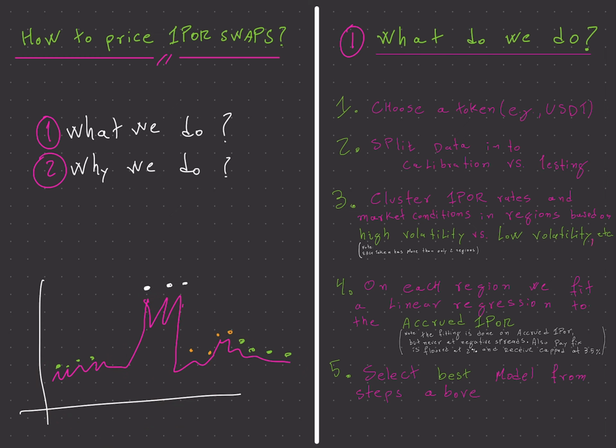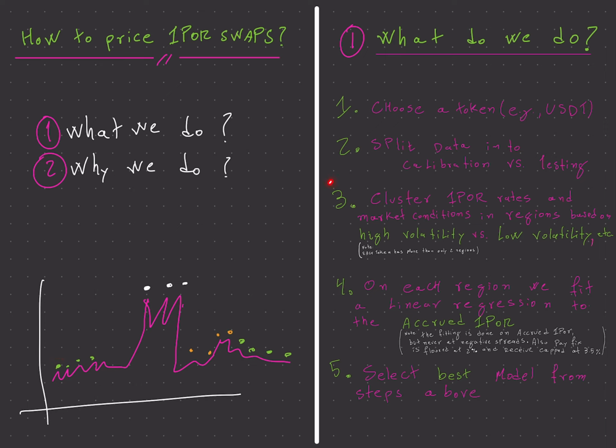You can imagine that steps 3 and 4 can give rise to many models, because we are using volatility as an example. But instead of 3 regions, we could have 4 or 5. Instead of only volatility, we could have volatility and maybe distance to the mean, or only some sort of moving average level, for example, to split between the points.